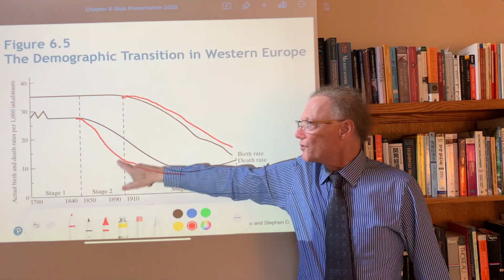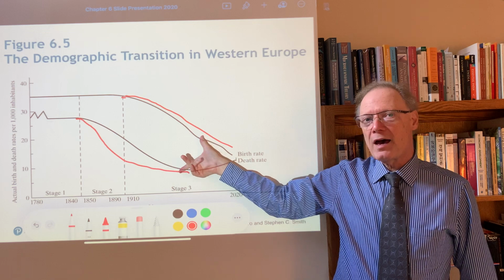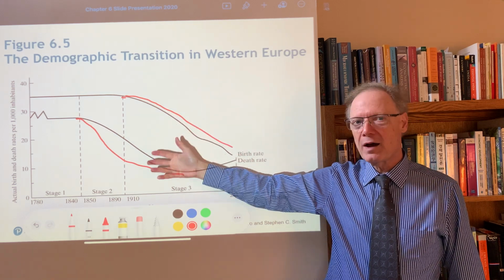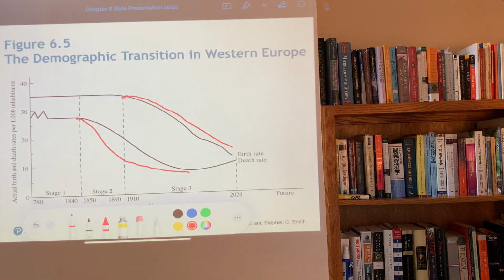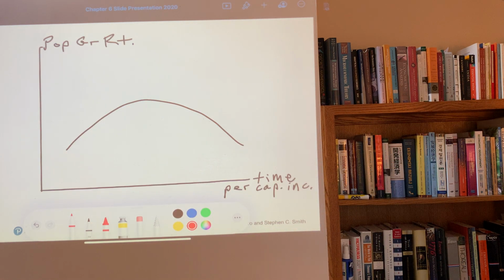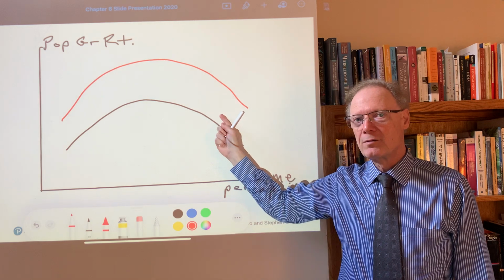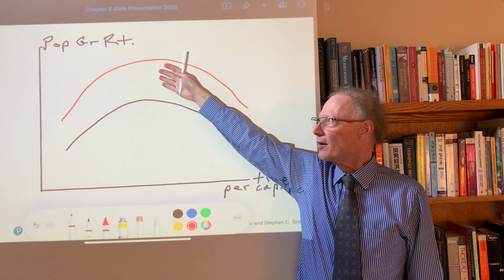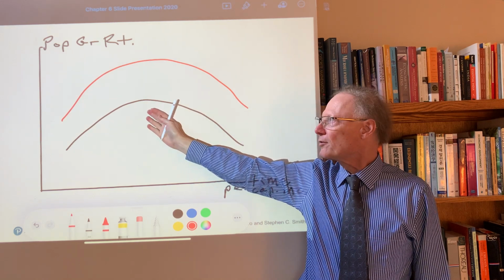So in these developing countries, there was a wider gap between birth rates and death rates, which is associated with a higher population growth rate. This in turn puts that inverted U significantly higher up on this graph than it was for the developed countries.